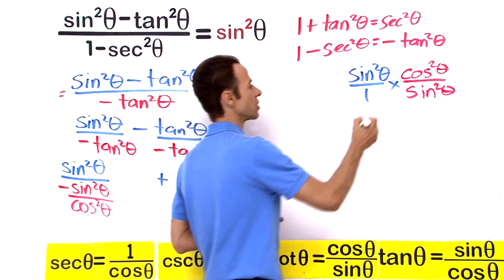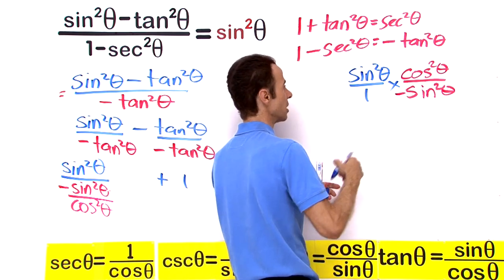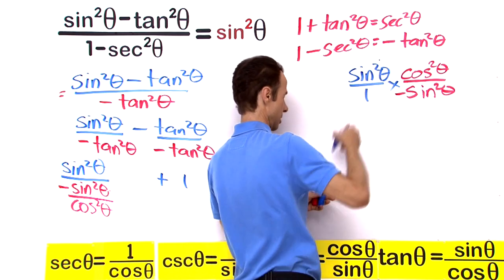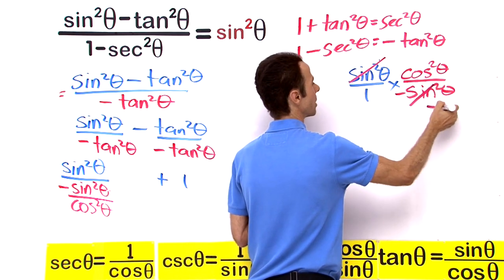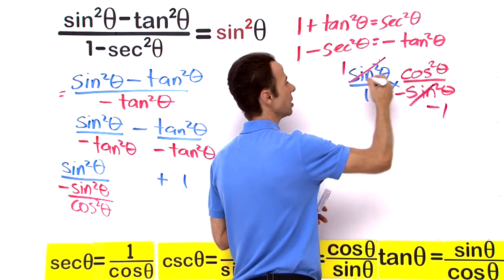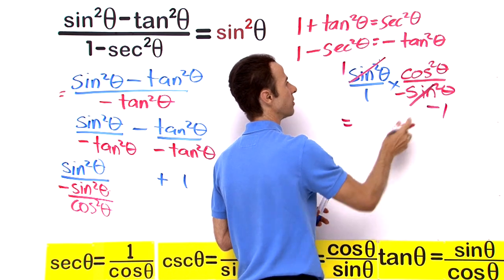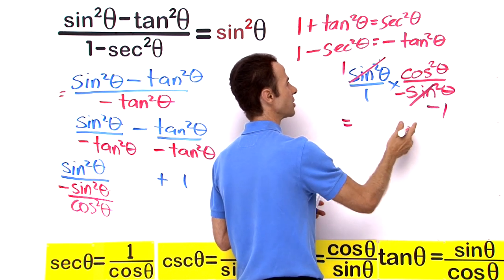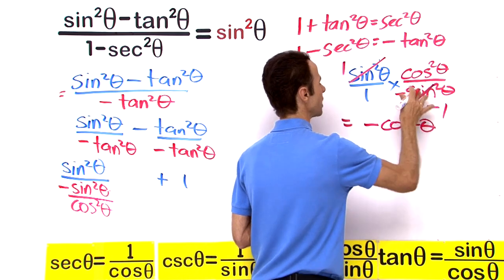So let's multiply that out. We can do some cancelling. The sine squared theta on the top and on the bottom cancel. That becomes negative 1. That becomes 1. So we're left with cosine squared theta divided by negative 1, which is basically negative cosine squared theta. So that's what we get from that.